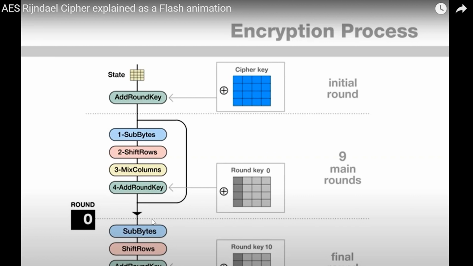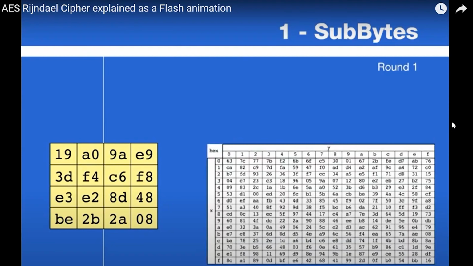We do everything except that we don't do a mixed column. The reason for that is because it should be reversible. So that is why the last round is missing the mixed columns. You see the round number over here. And then in round 10, we do these three operations and then we are done. So substitution byte, remember we discussed the polynomial, irreducible polynomials and all those computations.